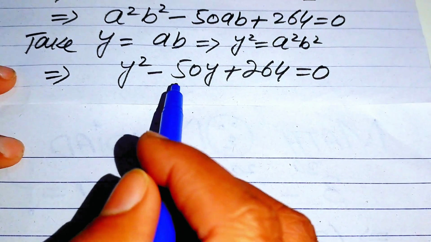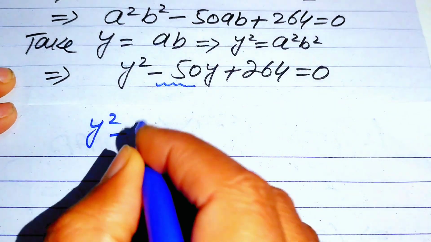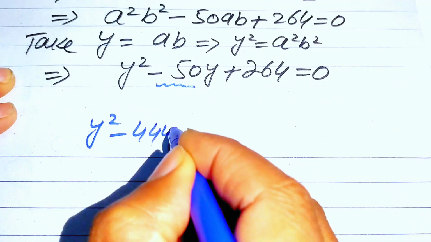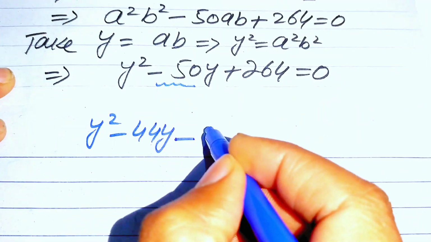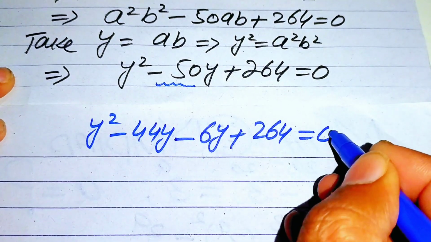So here we break the middle term, and our middle term is minus 50y, and we write it as minus 44y and minus 6y plus 264 equals 0.